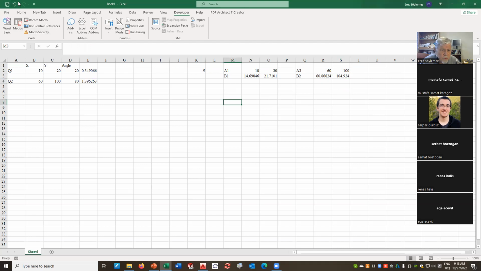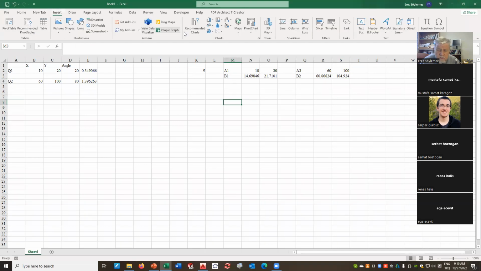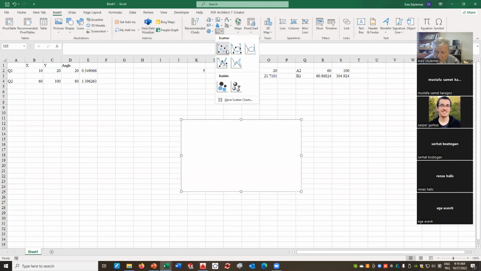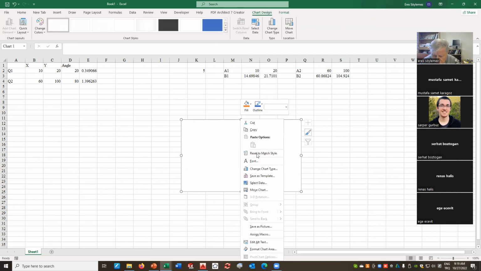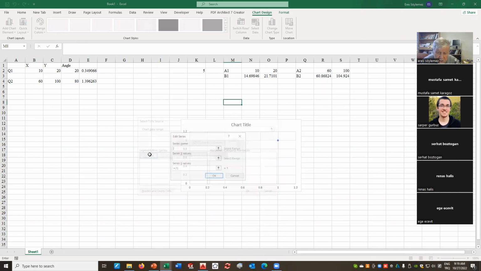This is just to show you the two positions, because visual interpretation is usually very important. Select data, x coordinates of A1, P1, y coordinates of A1, P1.